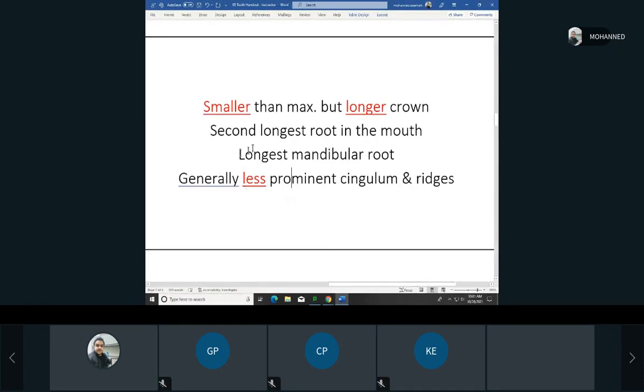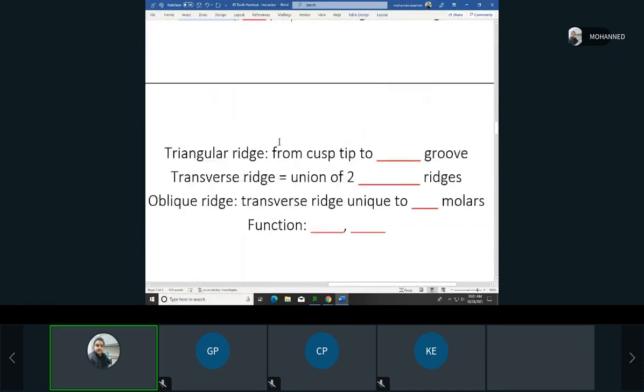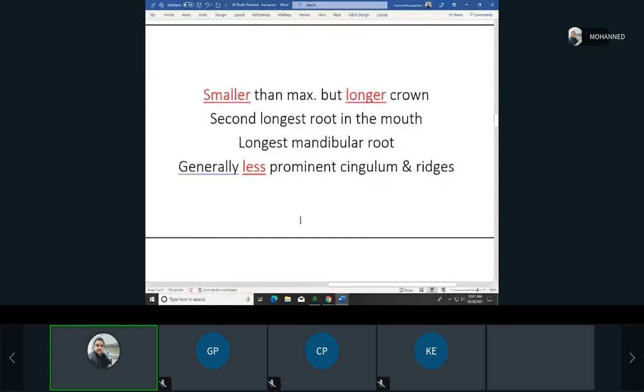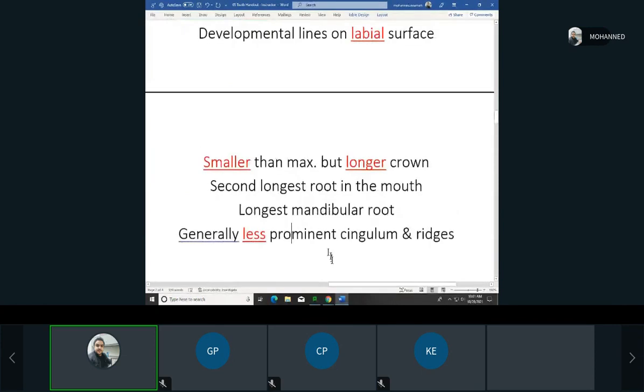Okay, let's fill these out. Now we're done with the anterior teeth, maxillary and mandibular.